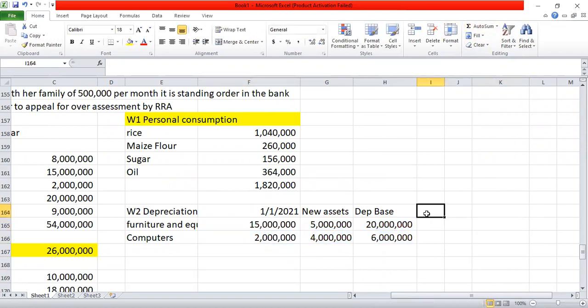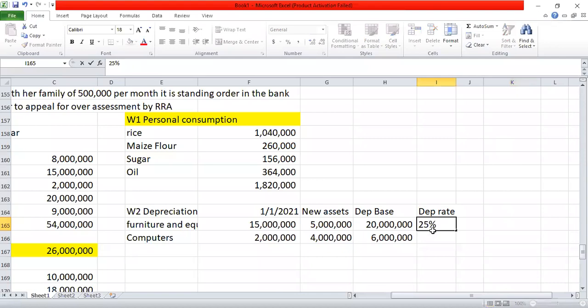So then our depreciation rate, this is 25%, this is 50%. Now you can compute your depreciation, or wear and tear.